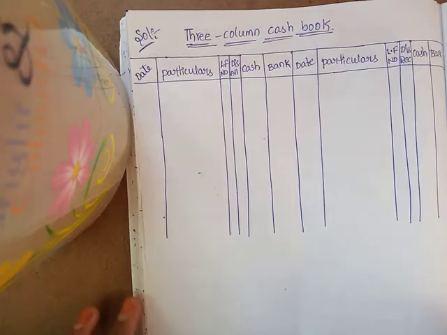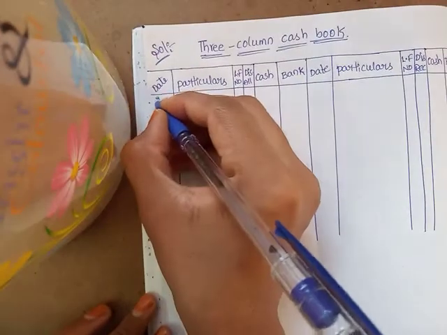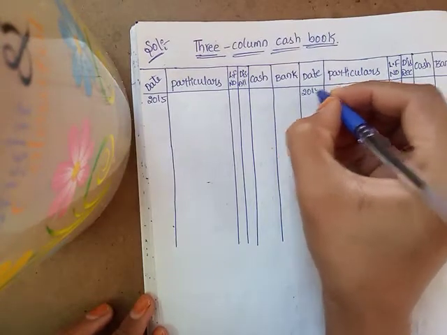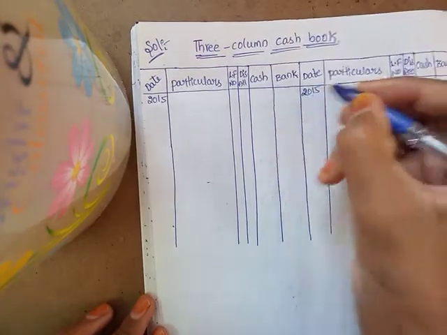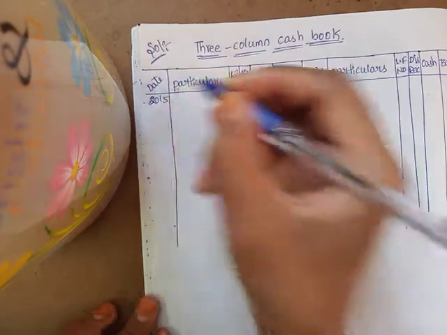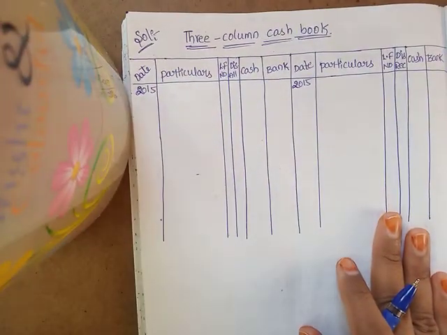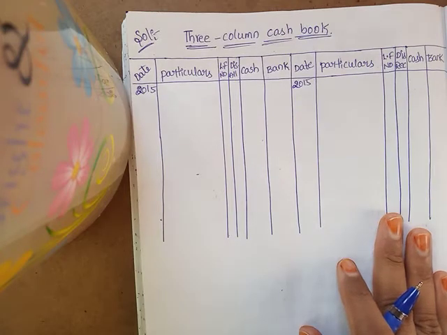In 2015, first is on June 1st, cash in hand, balance at bank.